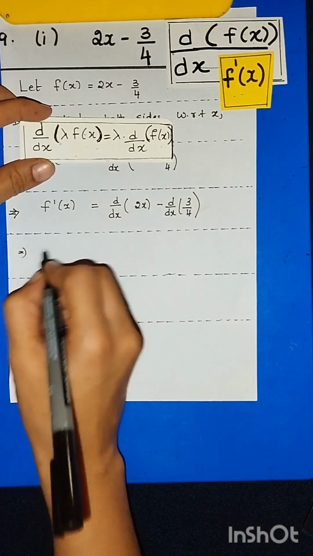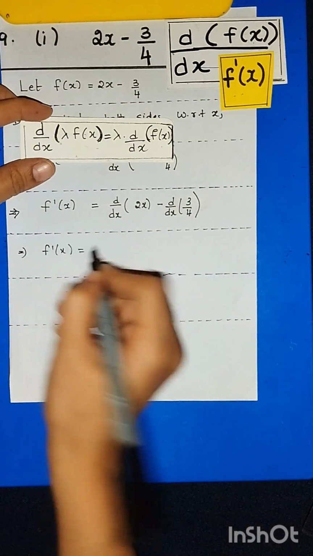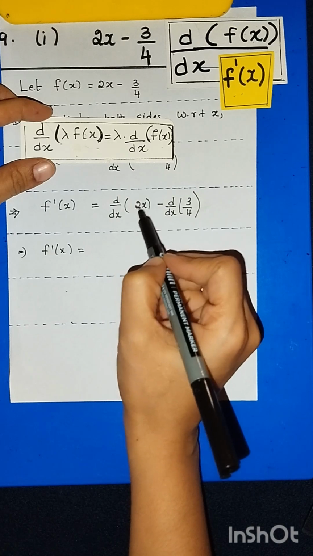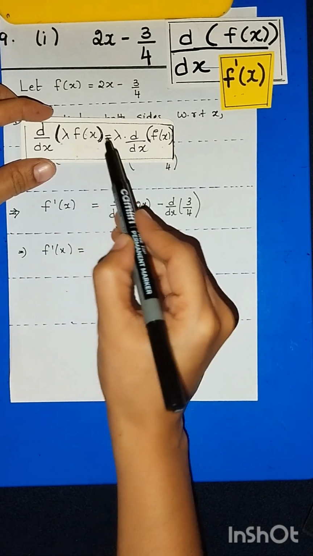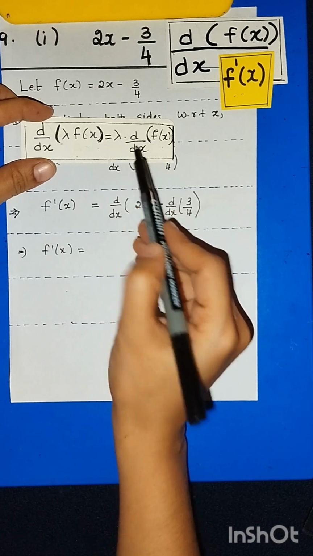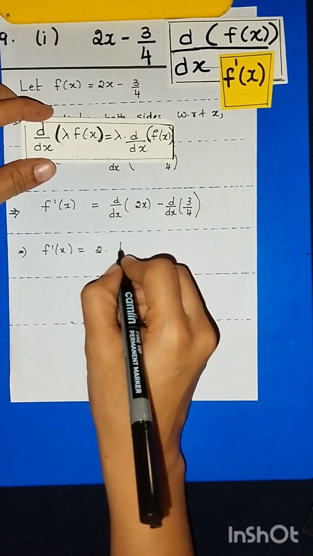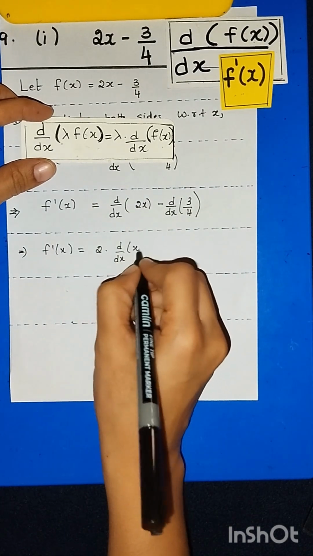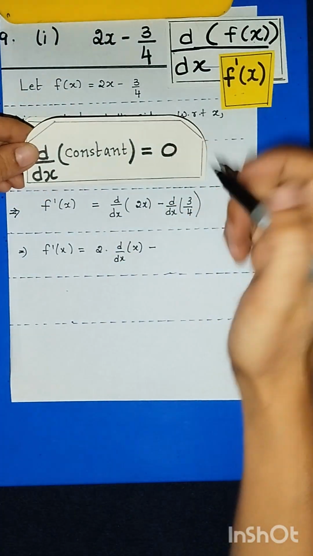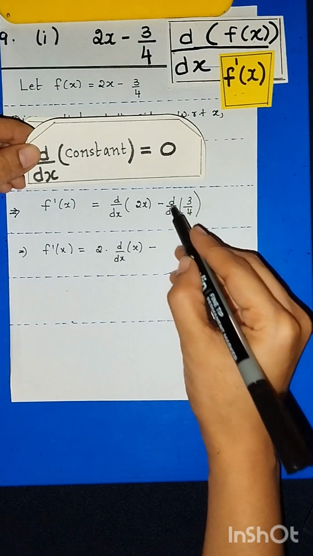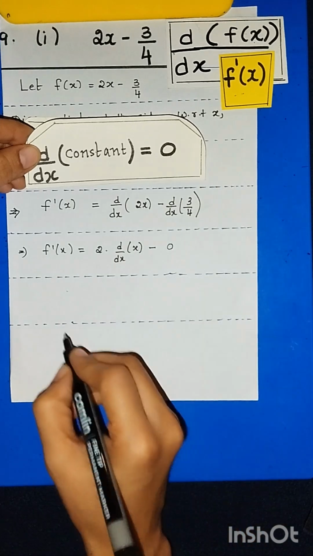Now this implies f dash of x is equal to d by dx of constant into function. So d by dx of constant into function is equal to constant times derivative of the function, minus derivative of the constant, which is 0. Derivative of the constant is 0.